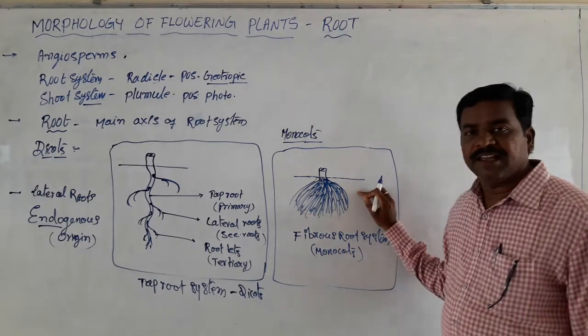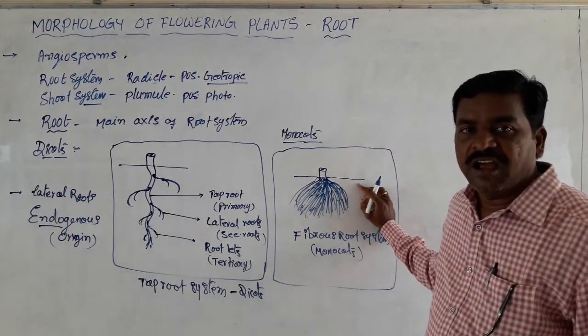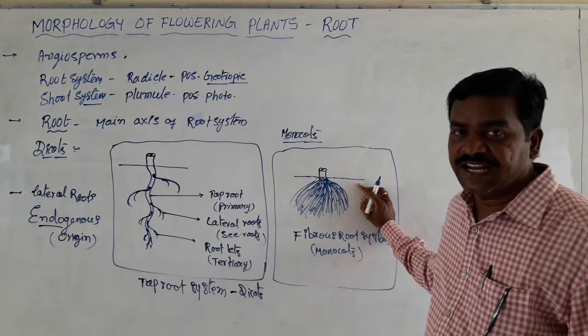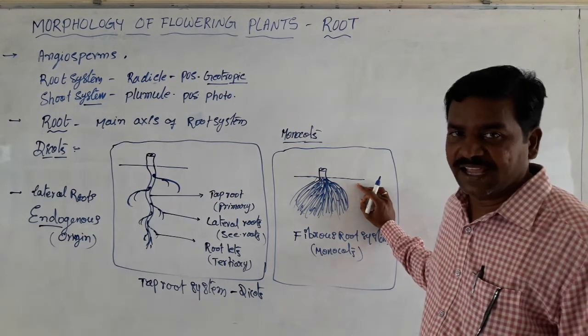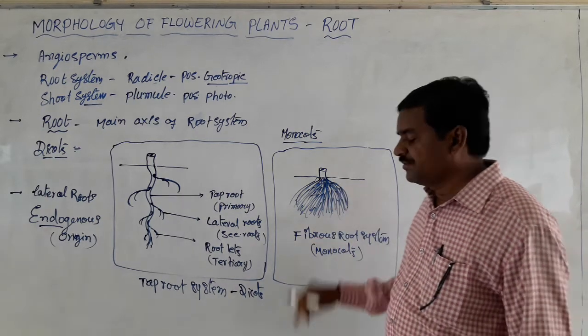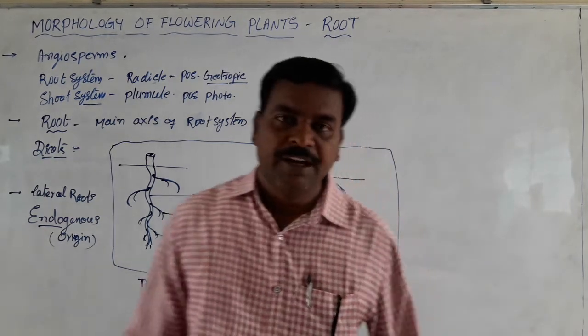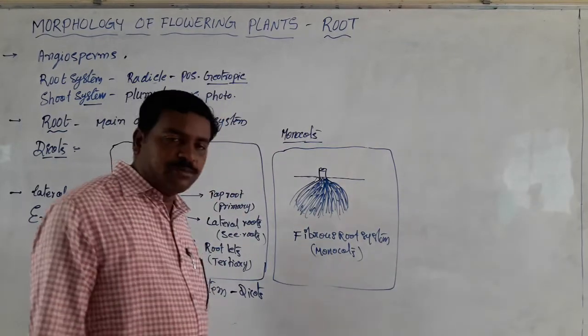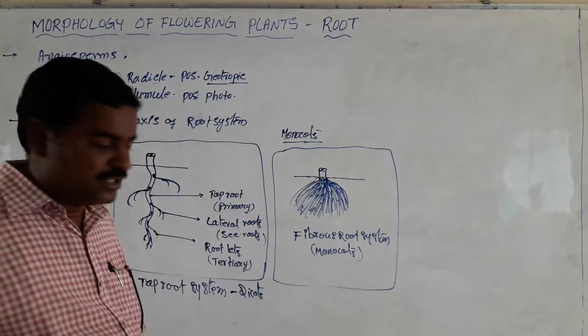In the fibrous root system, the taproot is completely absent. All these roots are slender, identical, hair-like, a tuft of roots present at the base of the stem.